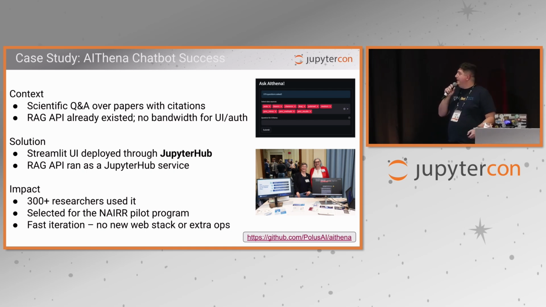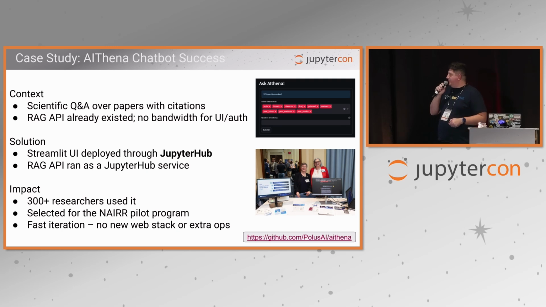try it. And yeah, so how we deployed it: Streamlit was one of those satellite applications launched through JupyterHub, and the RAG application would run as a JupyterHub service, making it available for everyone to connect to and be authenticated. We reached 300 plus researchers who tried it and subsequently tried JupyterHub and learned about notebooks, maybe if they didn't know about them.